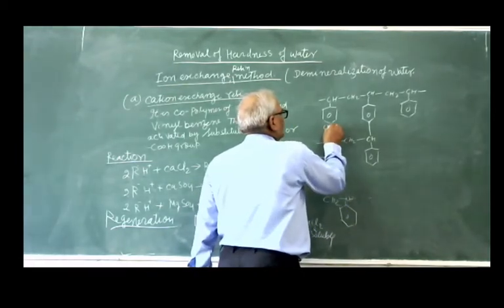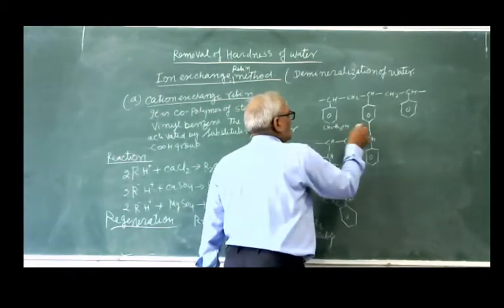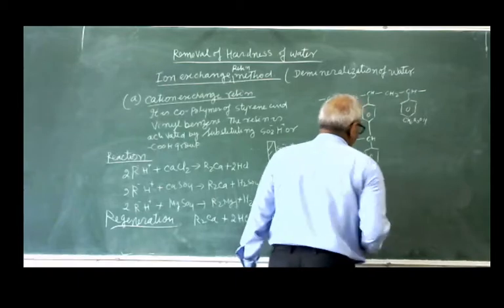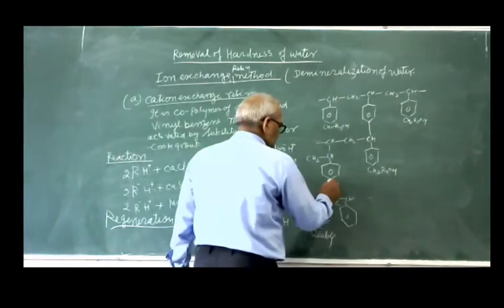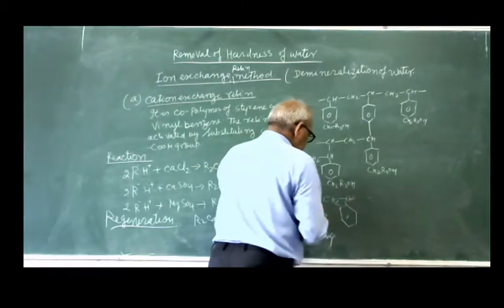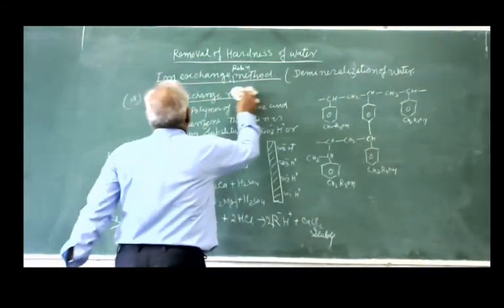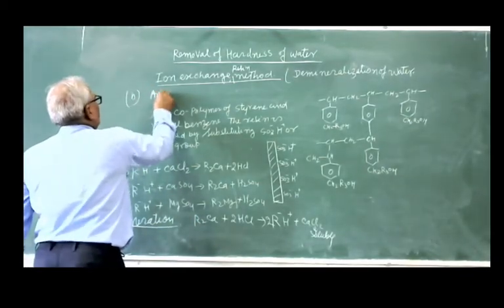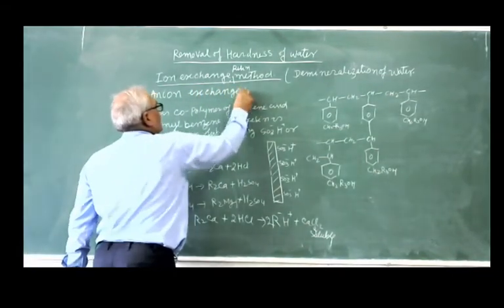So it is CH2R3OH, CH2R3OH. Now this resin is the anion exchange resin.